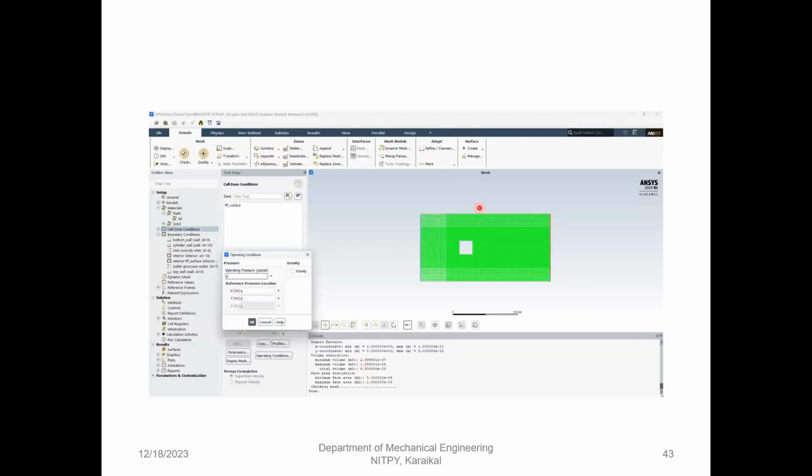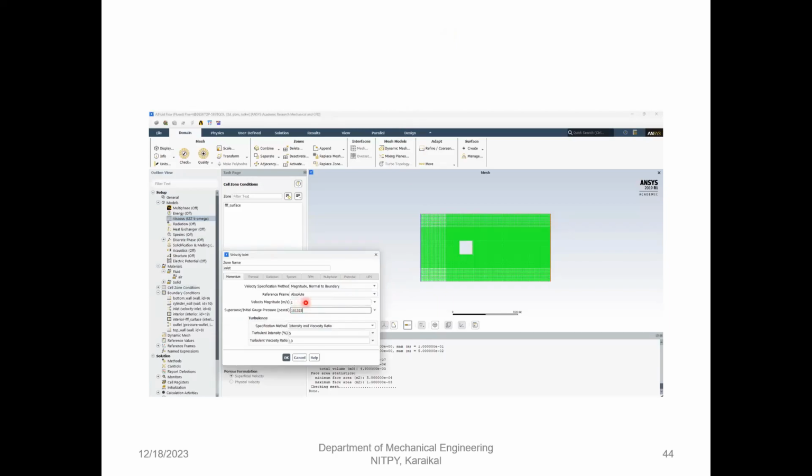So this was when I took the case into Fluent. I have to specify the boundary operating conditions. I have set that as 0, and then in boundary conditions, I set the values for velocity and pressure. I am assuming an isothermal condition, energy is turned off, so temperature is going to be constant throughout.